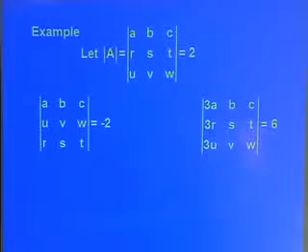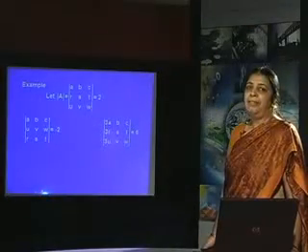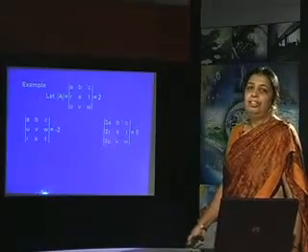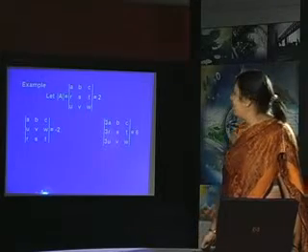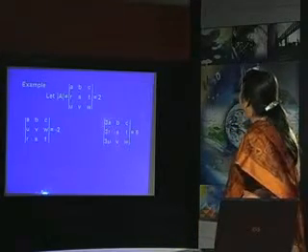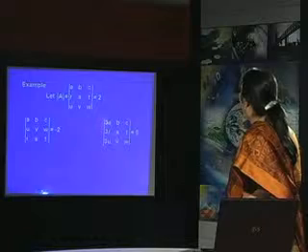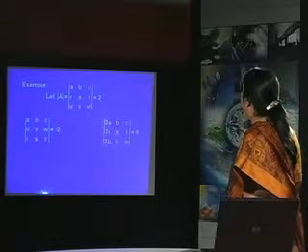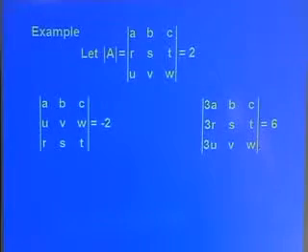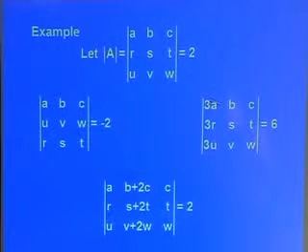Now, all the results related with rows are applicable to columns also. So, if I write down this determinant as 3a, b, c, 3r, s, t, 3u, v, w, that simply means that I am multiplying this column by 3.